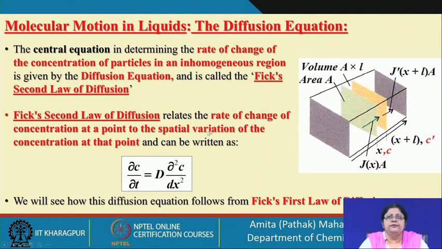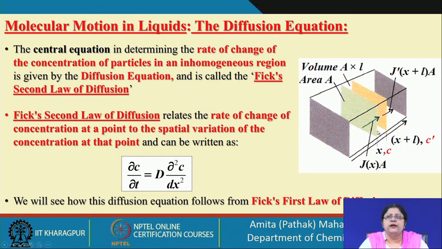So, here we have a section in which we are looking into how the particles are moving. The particles are supposed to be moving under Fick's first law from high concentration to low concentration.